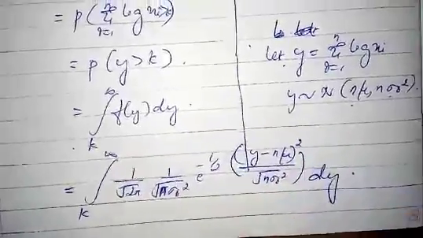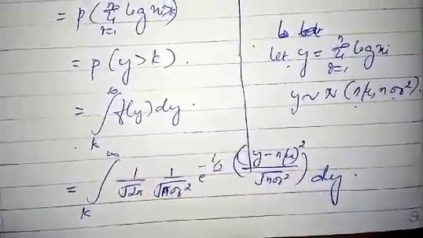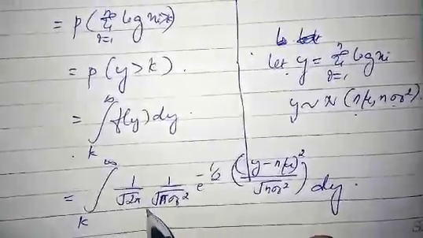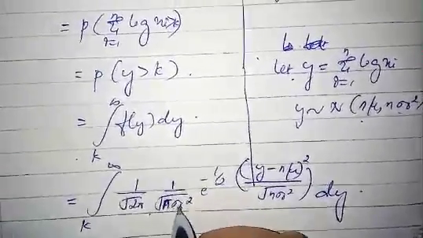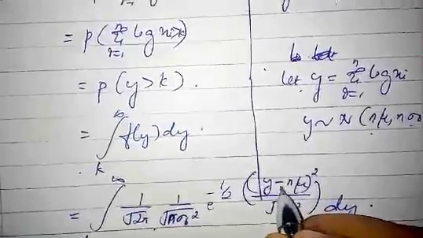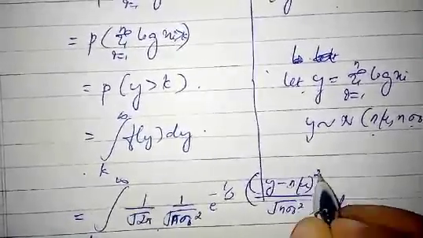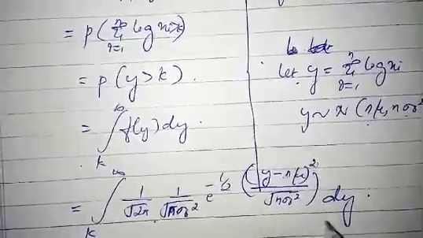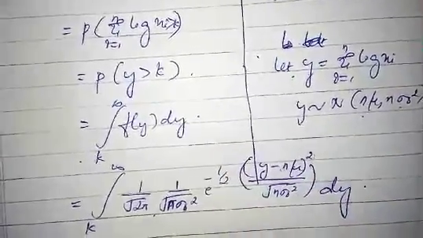This is the PDF of y, normal n mu and sigma naught square, right?